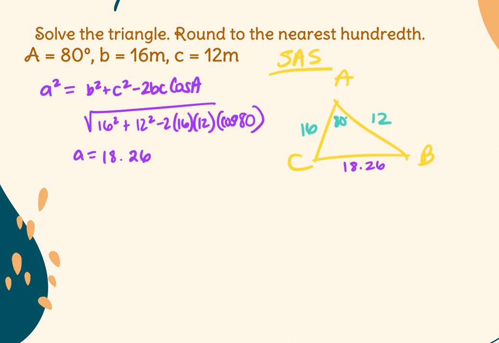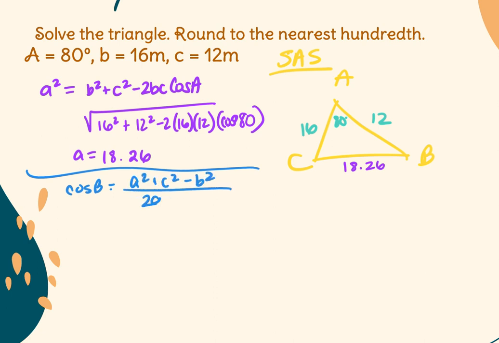All right, so now I need to find the other 2 angles. I can switch to law of sines here, or I can keep going with law of cosines. So if I did law of cosines and I wanted to find angle B, it would be cosine of B equals A squared plus C squared minus B squared over 2AC. And I get 18.26 squared plus C, which is 12 squared, minus B, which is 16 squared, over 2 times 18.26 times C, which is 12.